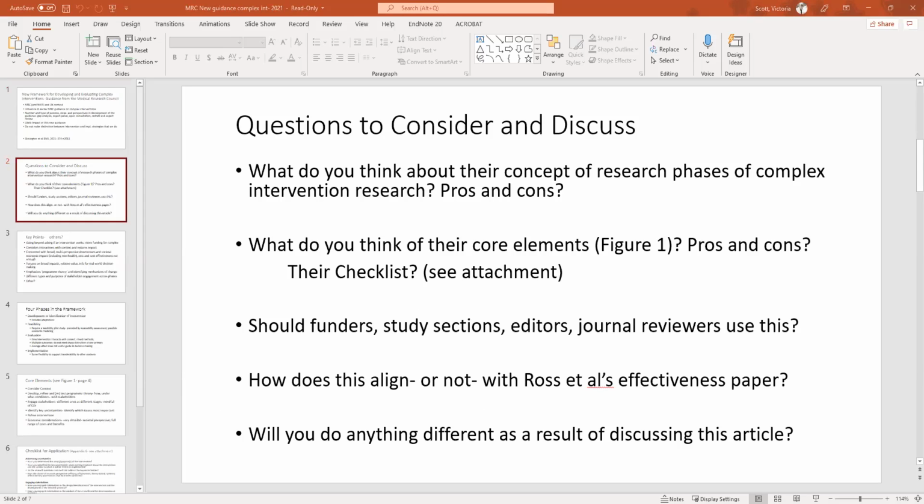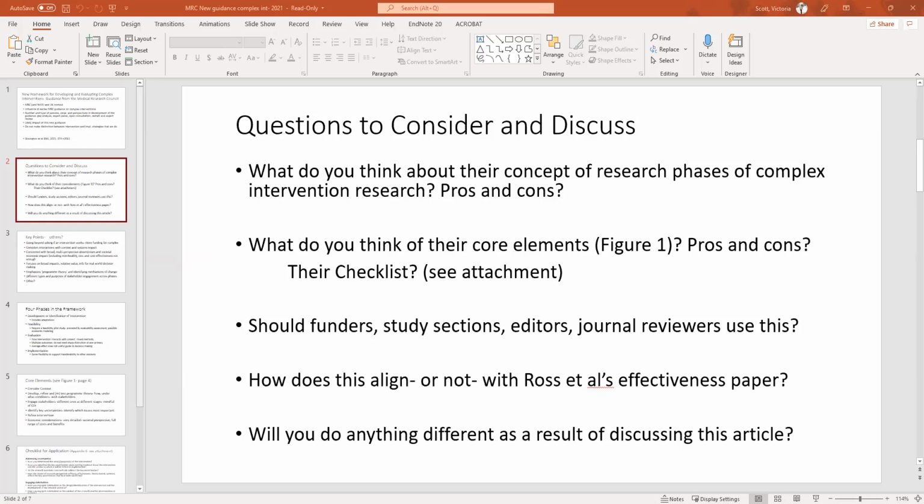But here's what we're going to do. And then I'll end up, this will be my last slide too. These are the issues here. They have a somewhat different concept of research phases, which is big. All of us have different ones. EPIS has one way, Roadmap has another one. They have different ones. So think about it. Core elements that we'll go over.